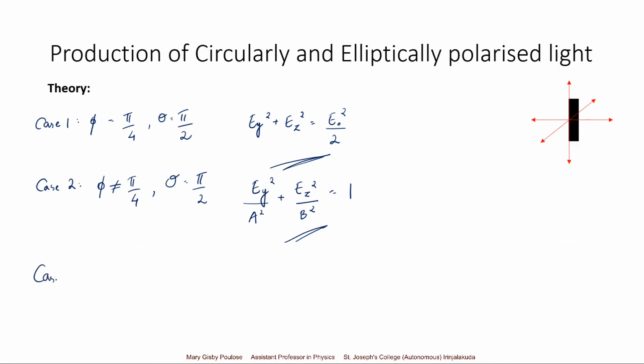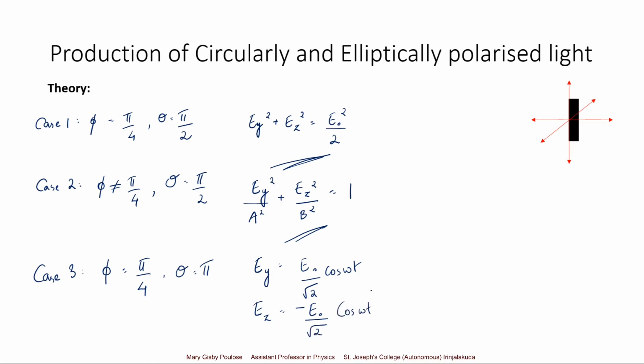Now for the third case, if the phi value is pi by 4 and theta is equal to pi, that is, the phase difference between the rays is pi, the emergent wave can be represented by the equation Ey is equal to E naught by root 2 cos omega t and Ez is equal to minus of E naught by root 2 cos omega t.